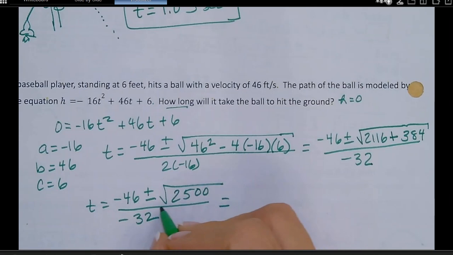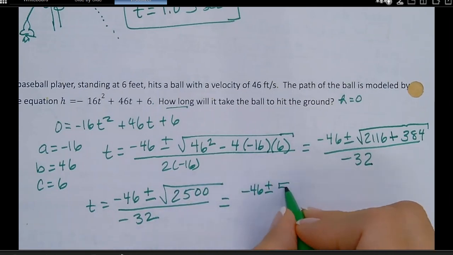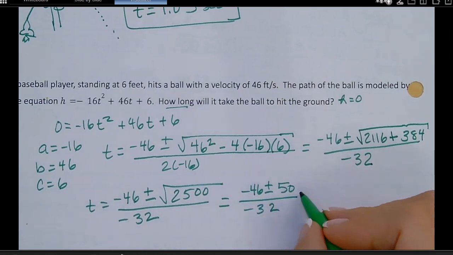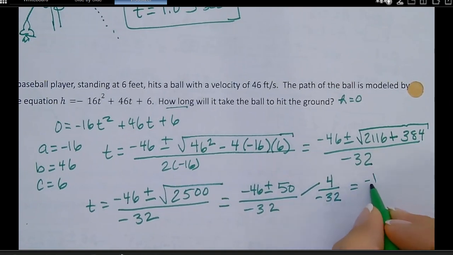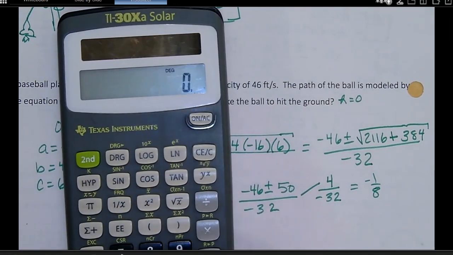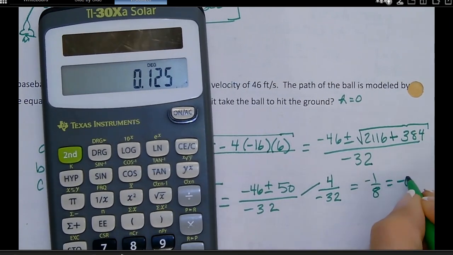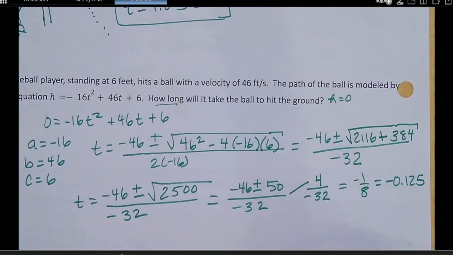Okay, so I know this means that I have negative 46 plus or minus 50, all over negative 32. Okay, negative 46 plus 50 is 4 over negative 32, which is negative 1/8. Which, if I want time, I'm probably going to say 1 divided by 8 is 0.125. But it's negative. So I'm being all careful in writing it all out, but I don't want negative time. That's probably not going to be my answer, right?